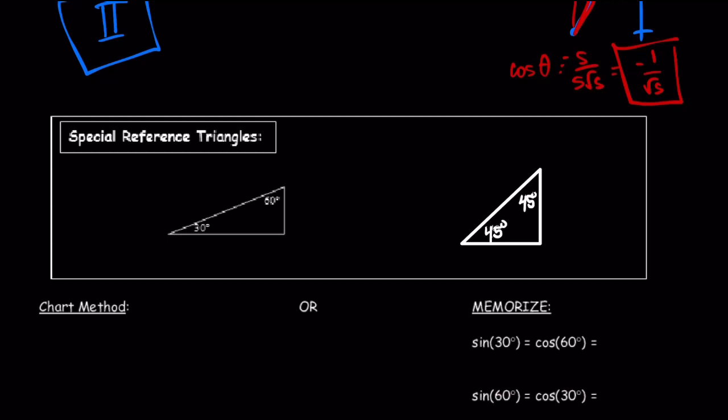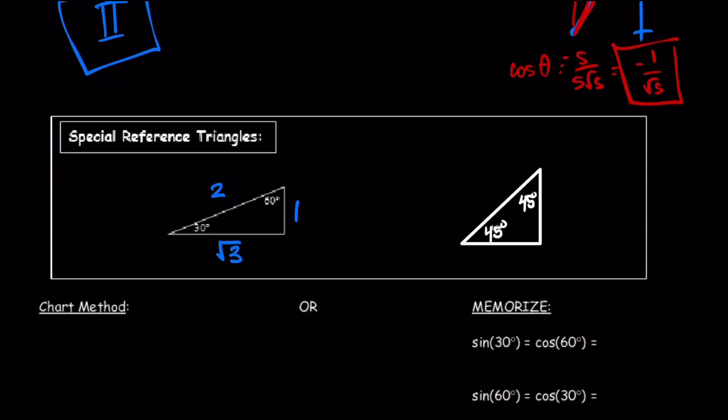In a 30, 60, 90 right triangle, if we designate the smallest side as 1, the hypotenuse is always twice the smallest side. And then the side opposite the 60-degree angle is always the smallest side times square root 3.